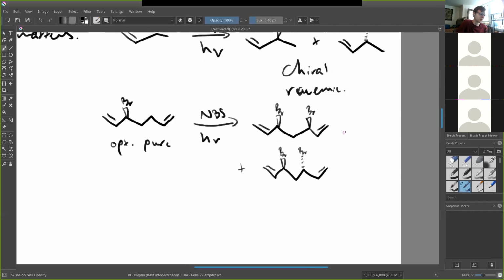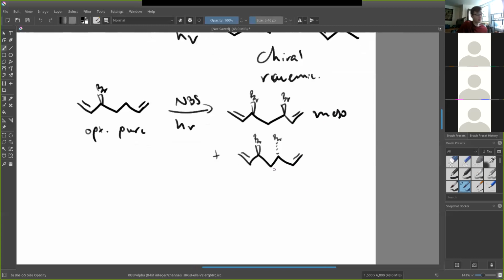Just to cover it, this compound is actually meso, because we could draw this mirror plane through it. It looks the same on either side. So it's meso.